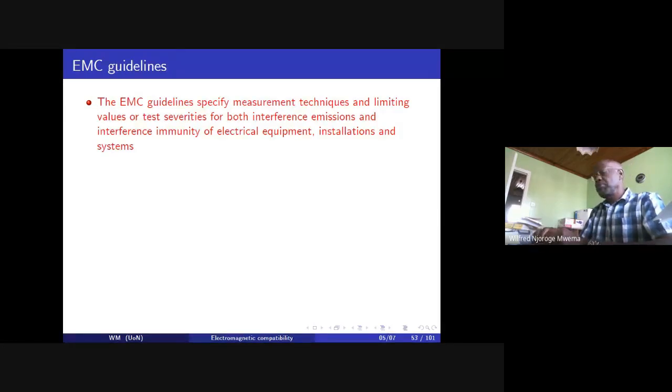By installations, we mean places like substations, base stations or radio stations and the like, or radar systems. The equipment will include rotary equipment, any equipment that is using electricity, so to speak.